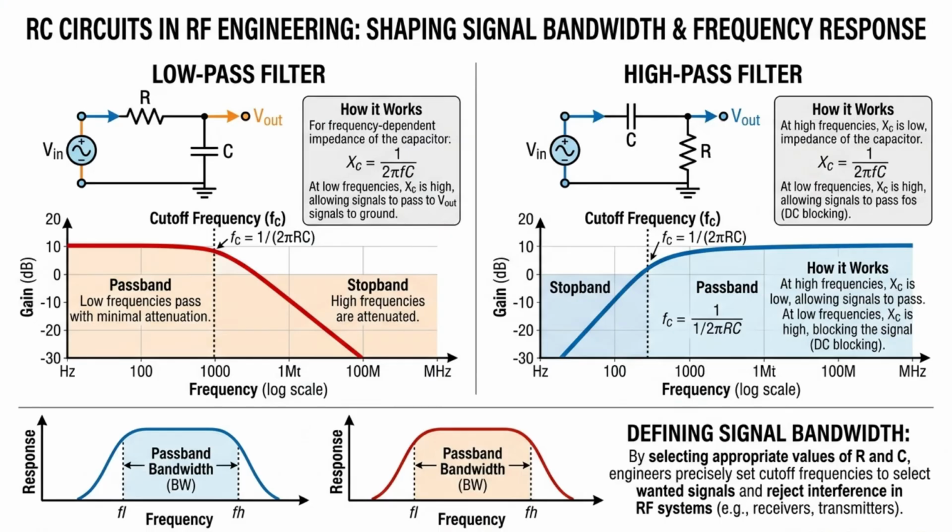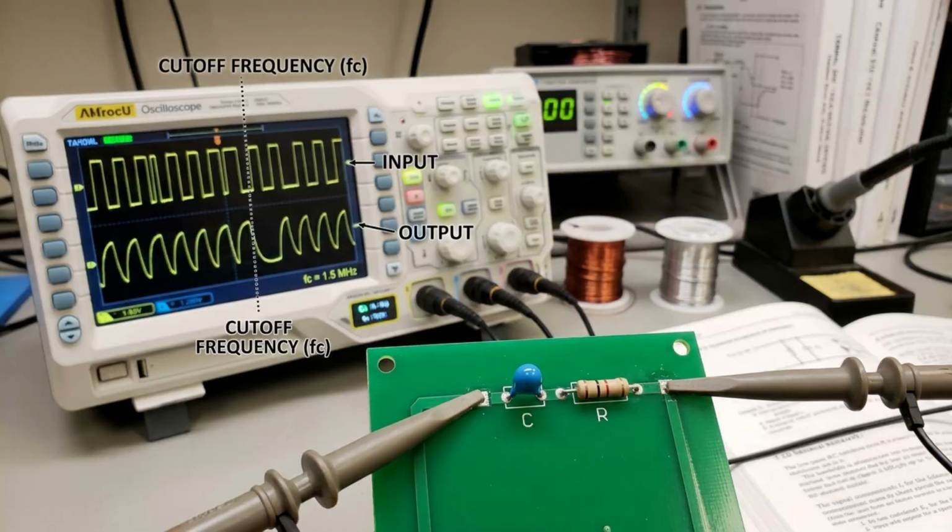In RF engineering, RC circuits play a crucial role in shaping signal bandwidth and frequency response. The frequency-dependent impedance of capacitors combined with resistors allows engineers to design filters that control which frequency components are transmitted or blocked. RC time constants also define the cutoff frequency of many RF and communication circuits.